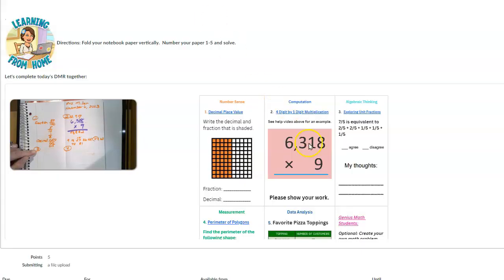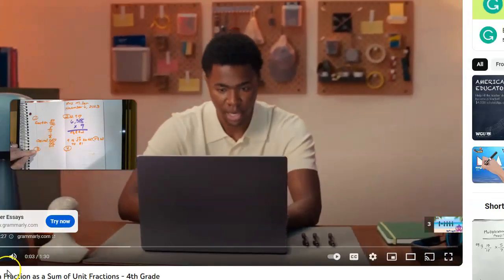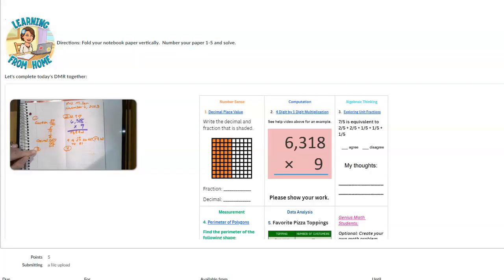Yet another video is linked here that will take you to the sum of a fraction. But I'm going to show you right now. A unit fraction is any fraction that has 1 as the numerator.